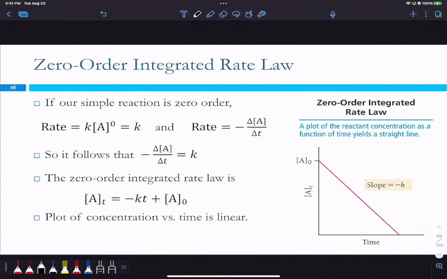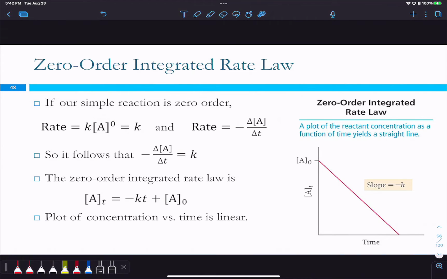Now the zero order integrated rate law is K times A raised to the 0. So it's just K. So the change in concentration of A is just equal to K. But when we integrate that with respect to time, the concentration is going to be different at time 0 versus time t.